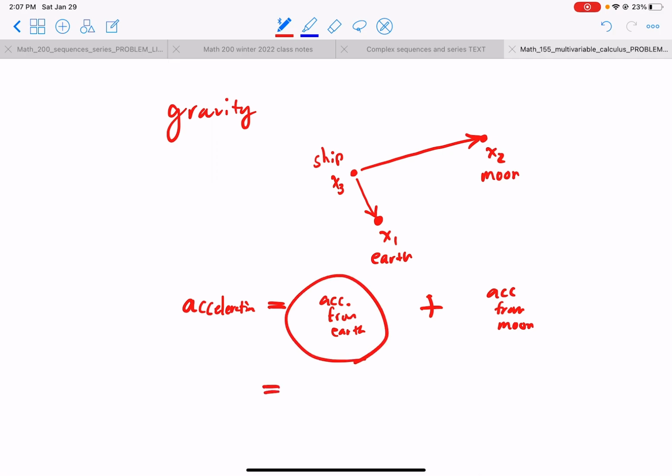So what's the acceleration from Earth? Well, it's going to be some amount in this direction. And what is this vector? Final minus initial. It's the vector x1 minus x3. Okay, that's final minus initial.